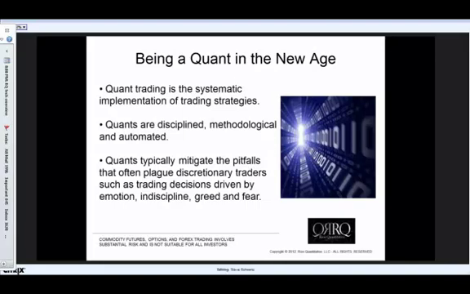jump the gun? Well, the system that Joe put together with these three elements is going to mitigate pitfalls that will often plague the discretionary trader, where maybe he's just trading the E-mini S&P and he doesn't have anywhere else to learn and go from, or focus his attention to, or her attention. That means trading decisions are vulnerable to emotion or indiscipline, greed and fear.